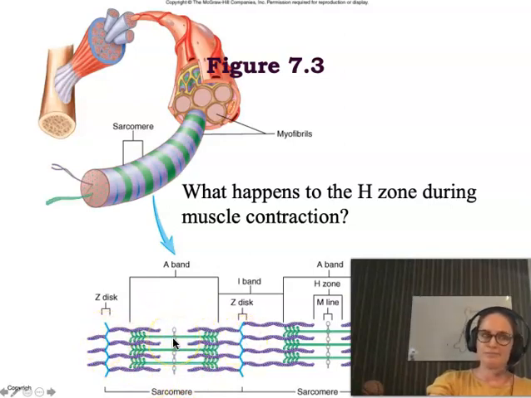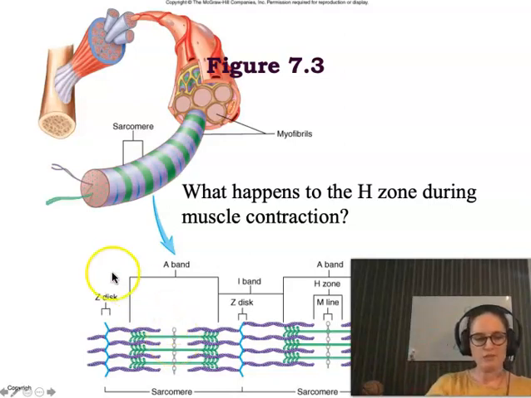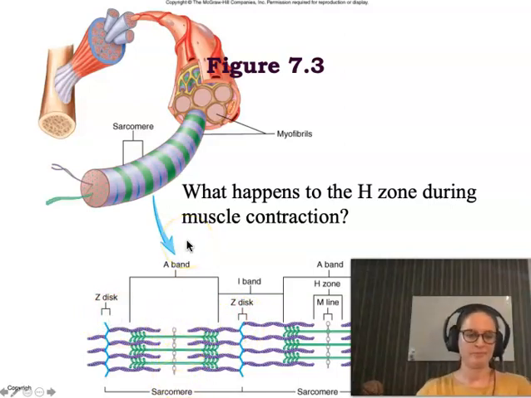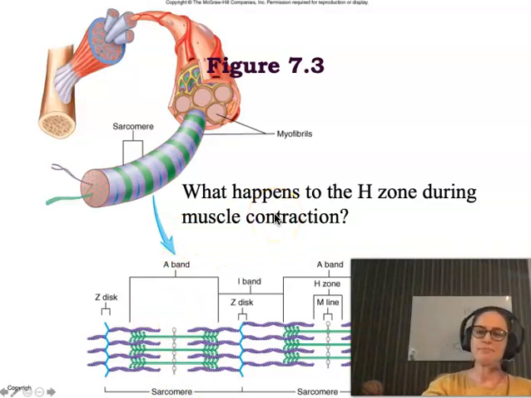That whole phrase, I'll say it one more time, just for funsies. During muscle contraction, the H zone narrows, Z disc gets closer to Z disc, which both get closer to the M line. So that H zone narrows during muscle contraction.